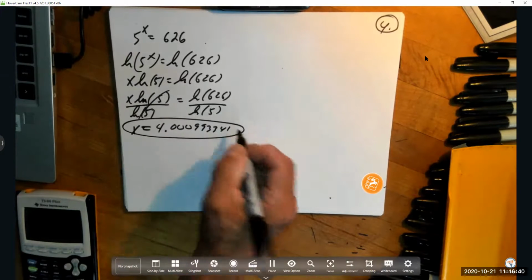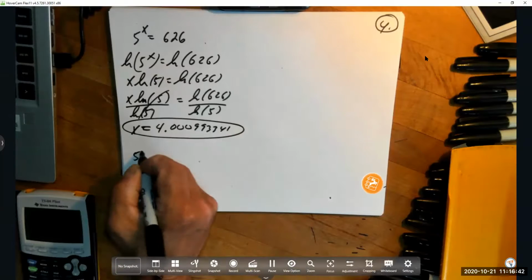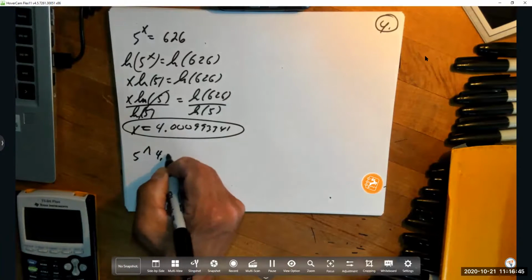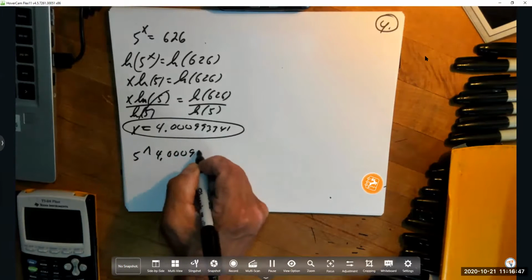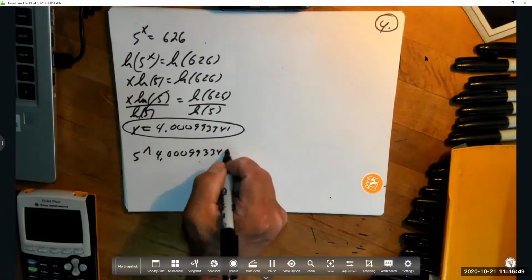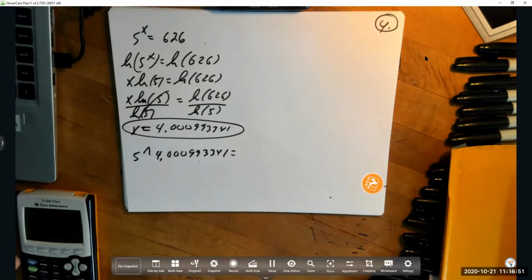So you got this number right here. So if I go 5 to the power of that number, 4.000993341. All right, do it in the calculator. So what you get? 5 power 4.000993341. What'd you get?